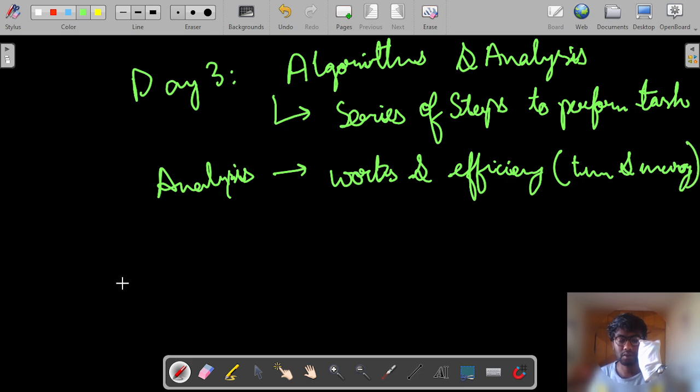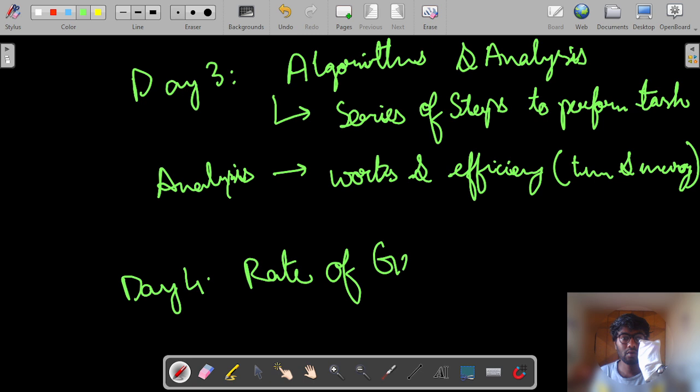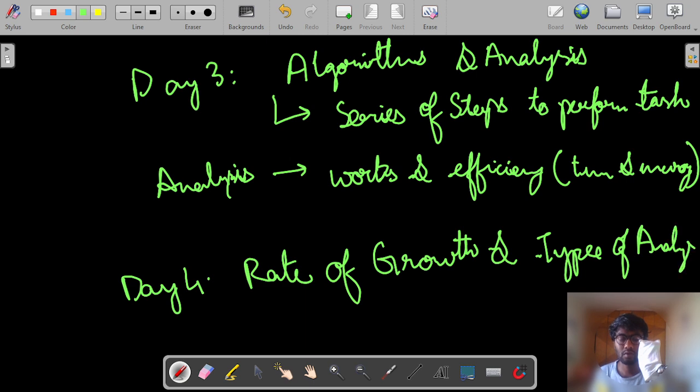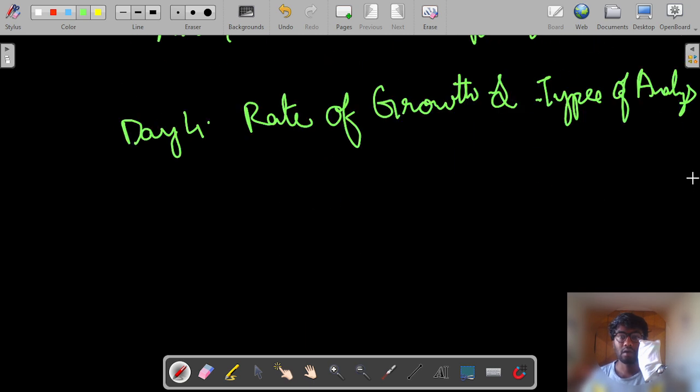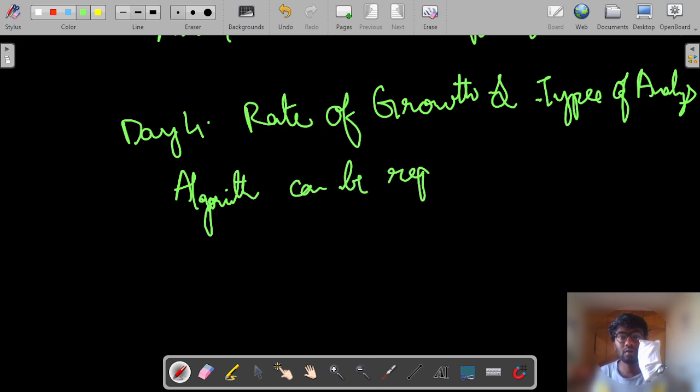So this was our initial learning, and once we moved on to day 4, we looked at rate of growth and types of analysis. So let's say different algorithms can be represented as functions.